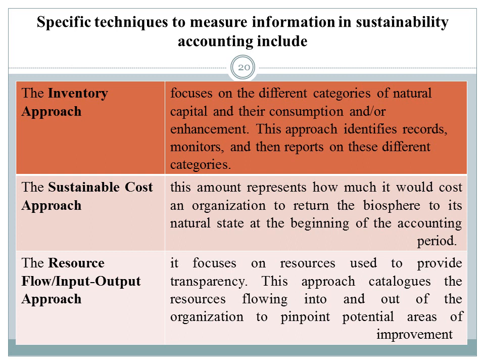Number 3, the resource flow input-output approach. It focuses on resources used to provide transparency. This approach concentrates on the resources flowing into and out of the organization to pinpoint potential areas of improvement.